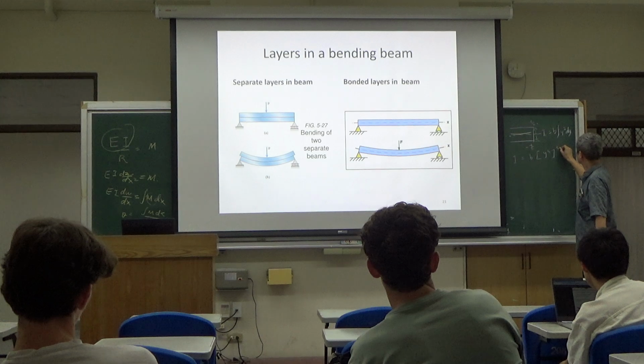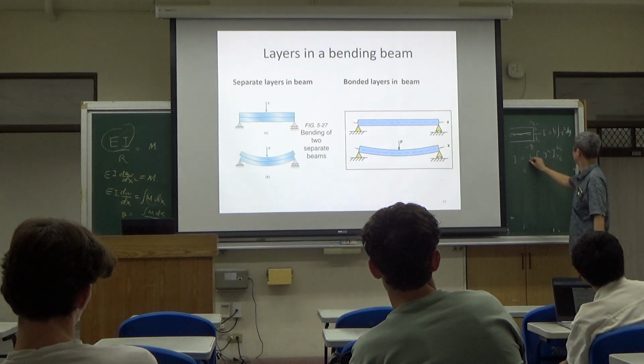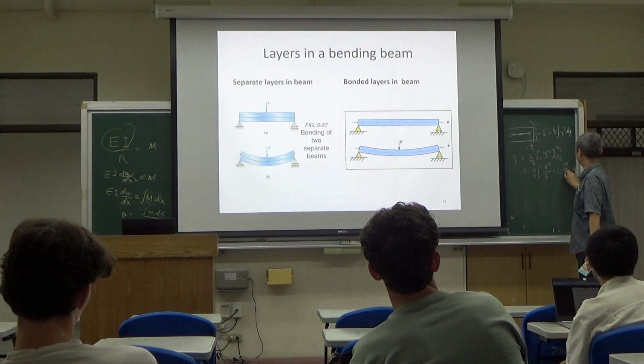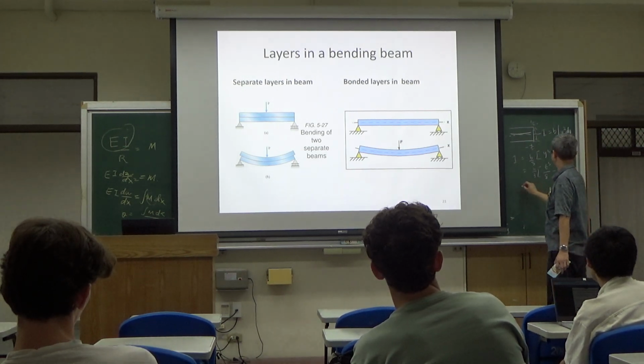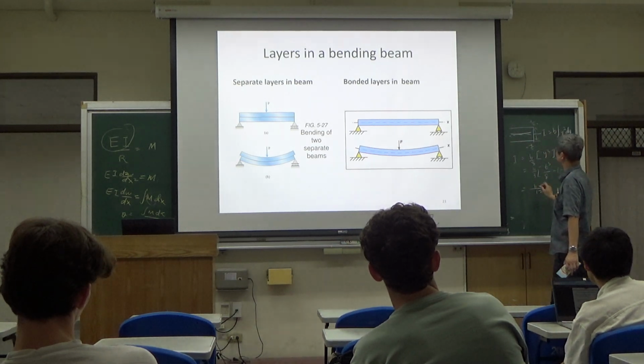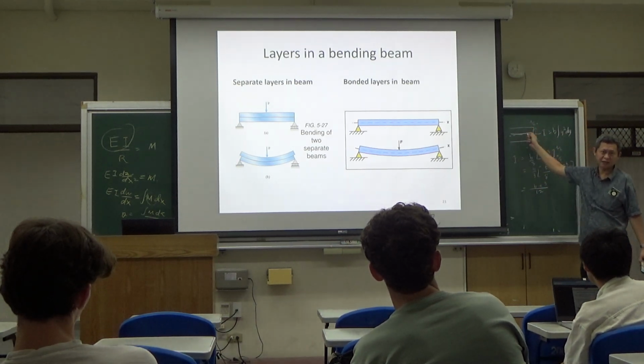By substituting the limits, this is then t cubed divided by 8, and then minus minus t cubed divided by 8. So this is b t cubed divided by 12, if this is the bonded layer.